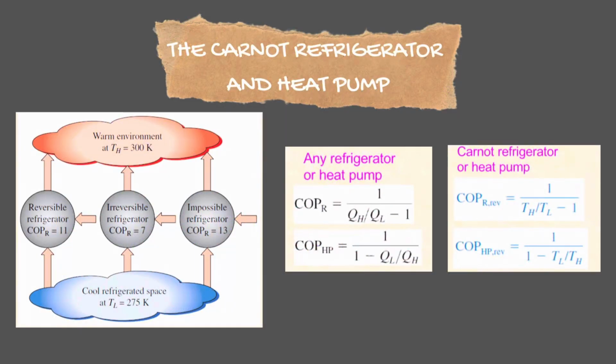As you can see in figure 6.5, no refrigerator can have a higher COP than a reversible refrigerator operating between the same temperature limits. This is the formula for any refrigerator or heat pump, and this is the formula for a Carnot refrigerator or heat pump.